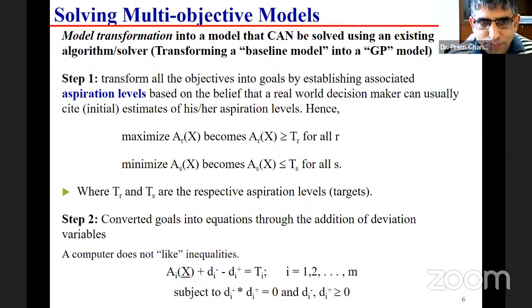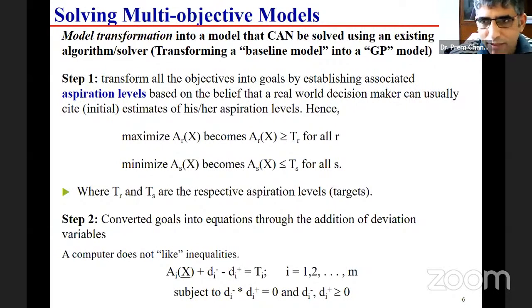Okay, my objective function was maximizing AR X. So I have to convert it into a goal. That means my function should be more than or equal to a certain targeted level TR. And for minimization objectives, we have to do the reverse.